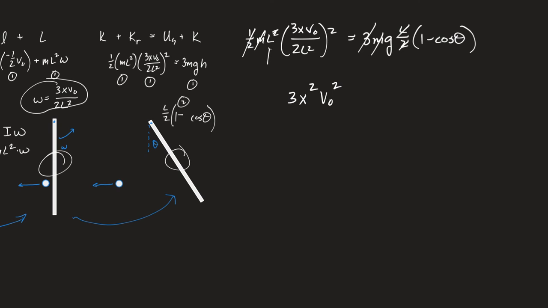I have an L here and an L squared squared, so L to the 4th. So that's going to be L cubed. And I have a 2 squared, so that's a 4. That's the algebra for this side. And that equals g times 1 minus cosine theta. Divide both sides by g, I guess.